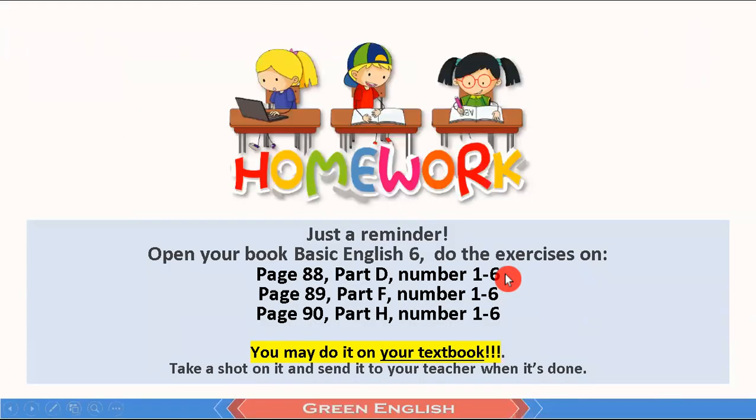So, just to remember, ingat ada tiga halaman untuk PR-nya atau tugas hari ini: halaman 88, halaman 89 sama 90, untuk part D, F sama H. Masing-masing nomor 1 sampai dengan nomor 6. Oke, so that's for the homework. Jangan lupa tugasnya dikerjakan aja di buku paket, and then you may take a shot on it, di foto, terus dikirim ke your teacher.